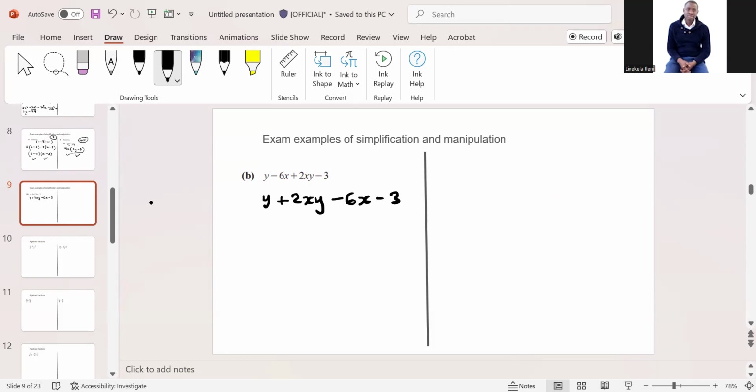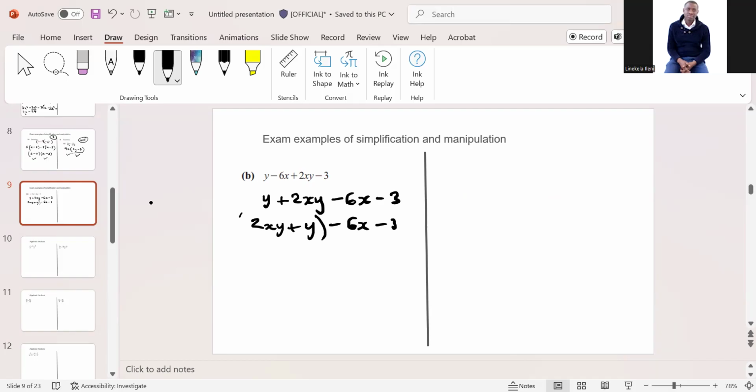You'll see why I'm saying that. Rather than having it like this, I can then say 2xy plus y minus 6 minus 3. The reason is when I factor the y out here, which is the common, x must be the first one in the brackets, and it must also be the same thing on the other side.